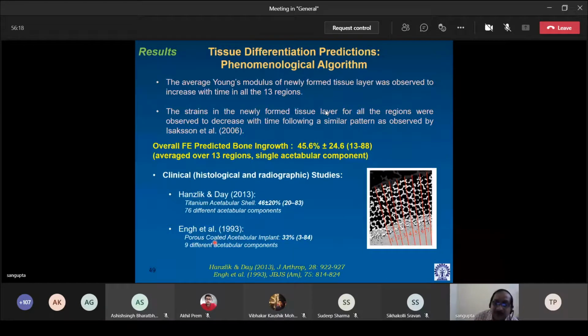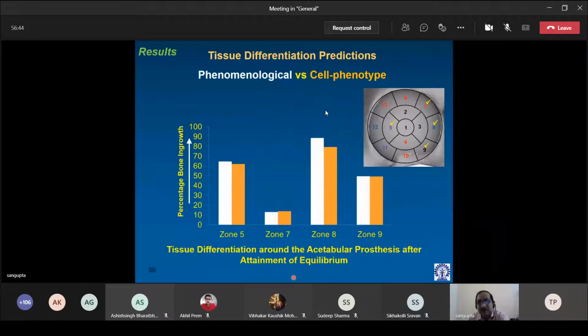They did some histological studies, and for the porous coated acetabular components, 33% bone ingrowth was observed in 9 different components. So with this comparison, we had the confidence of accepting the whole modeling procedure and moving on with different types of predictions.